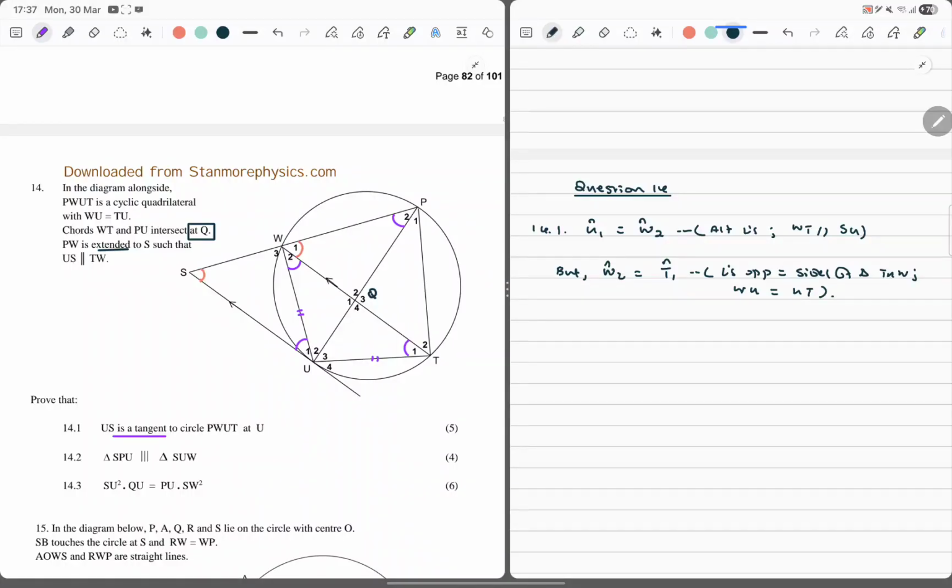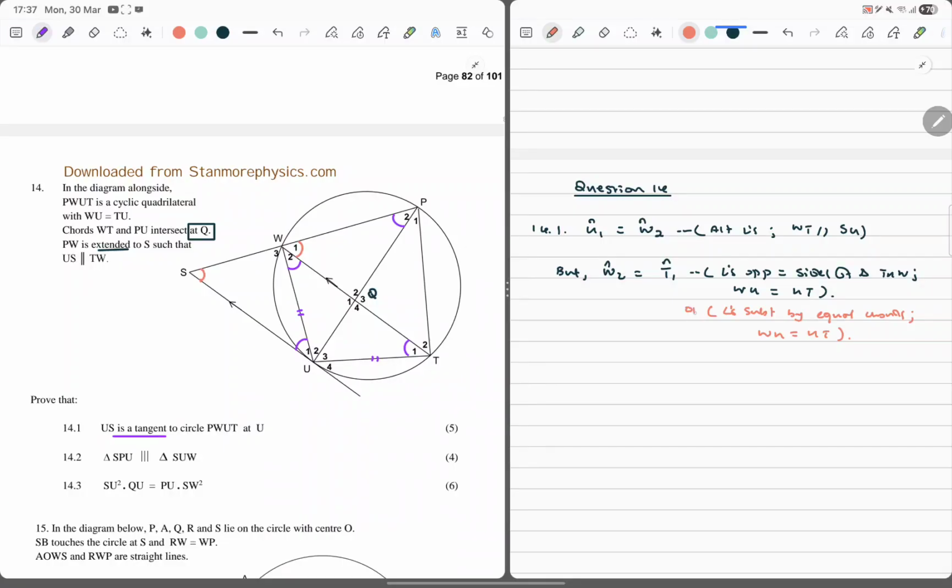given that WU was equal to UT. It helps to really say as much as possible. Another person may choose to just say, for this reason, these are equal chords. In a circle, equal chords, you can just say angles subtended by equal chords, given that WU is equal to UT.